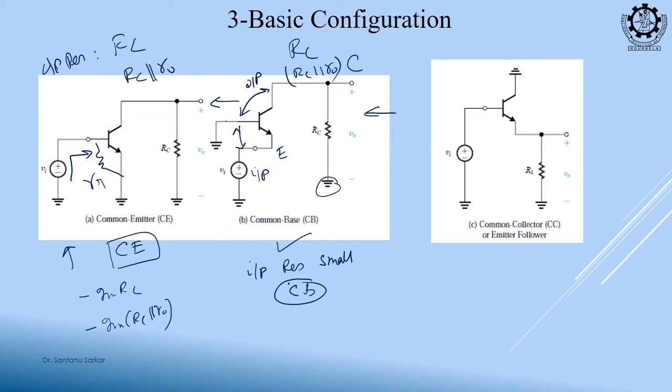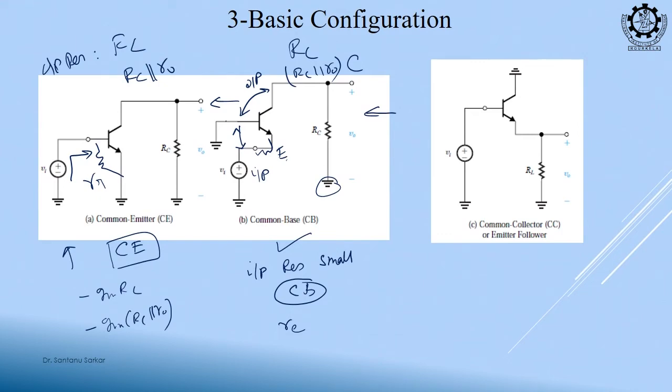If I ask you, among these two configurations, common emitter and common base, which amplifier has low input impedance, what will be your answer? Common base. Why? Because the input is now at the emitter terminal. In the emitter terminal, what do you see? RE. In this you see R pi, but in this you see RE, and RE is always less than R pi. Clear?